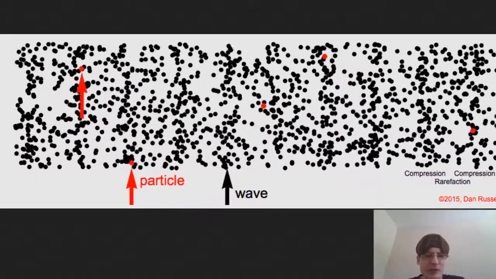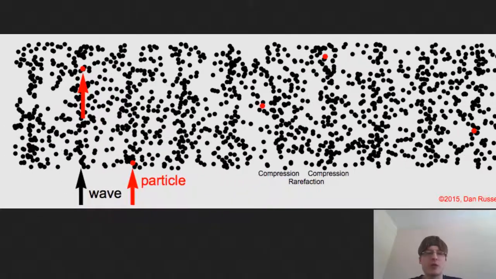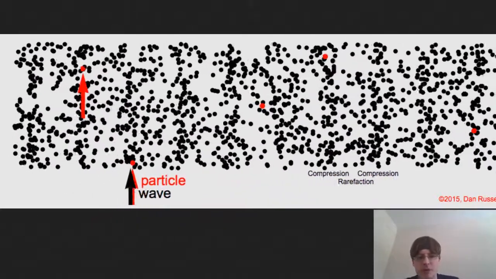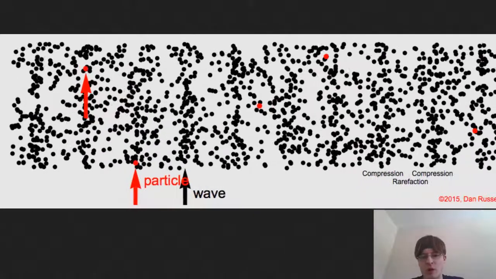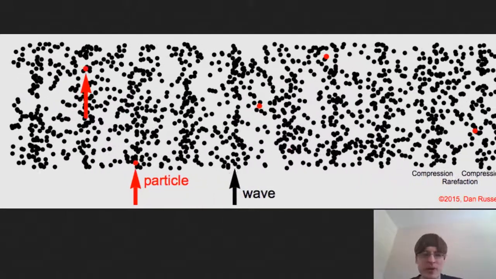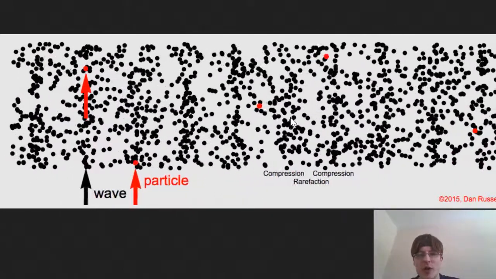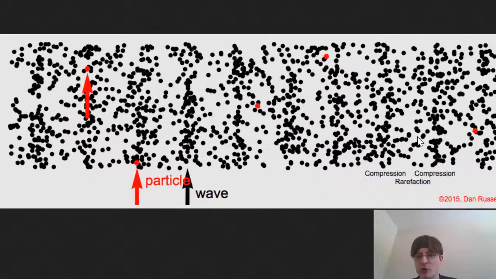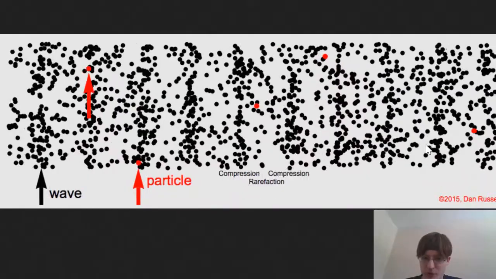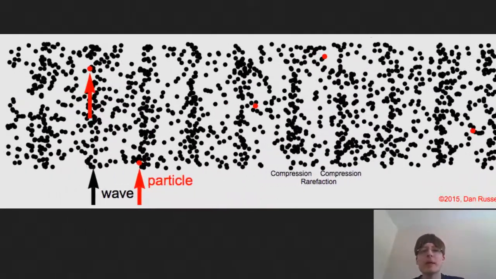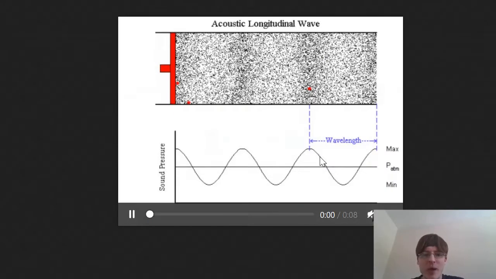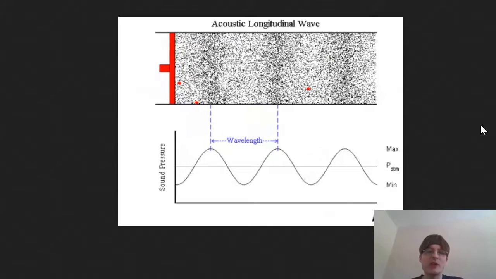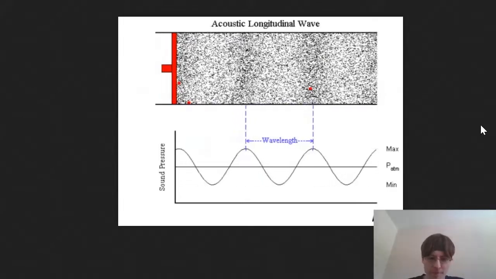Here, this highlights the particle motion that creates the pressure wave that travels along, and we'll occasionally use some terminology. The compression zones are the places of high pressure. Rarefaction zones are the locations of low pressure. Notice that there is a pressure wave, in this case, a sinusoidal pressure wave, which moves along.